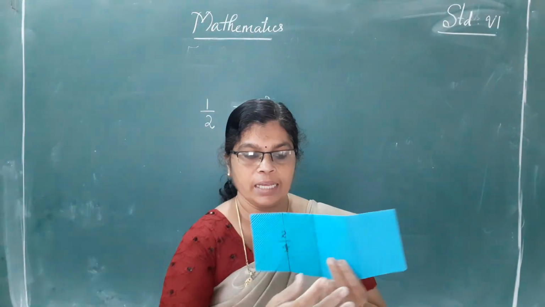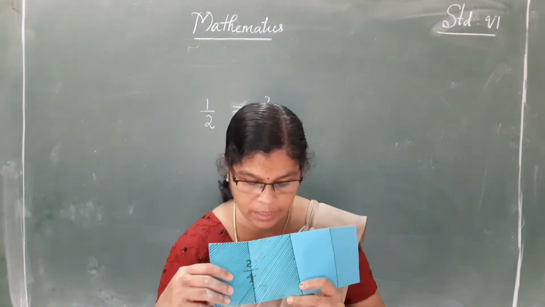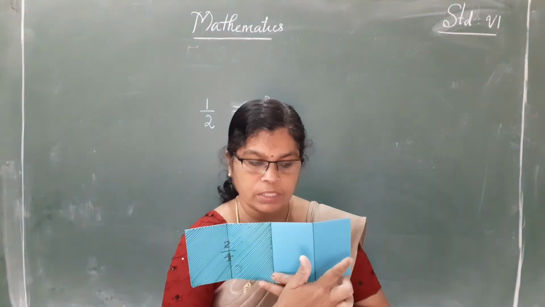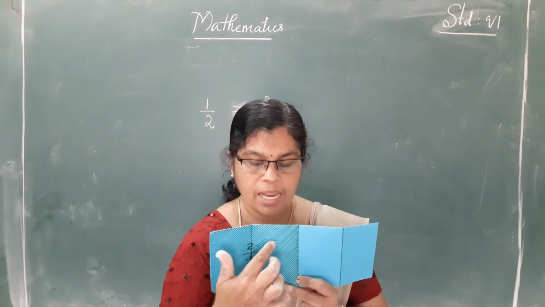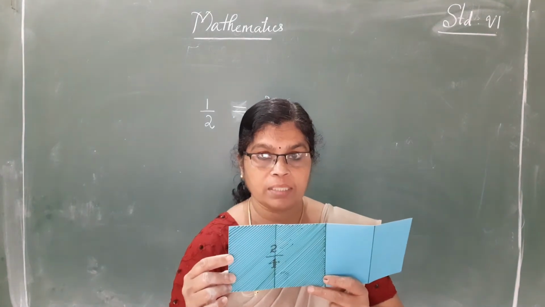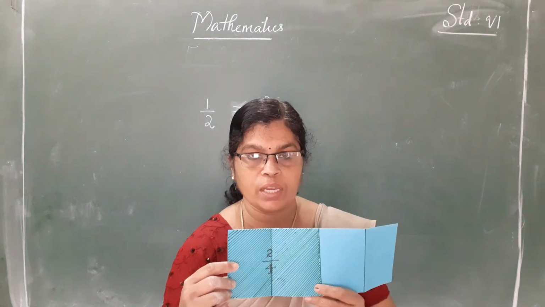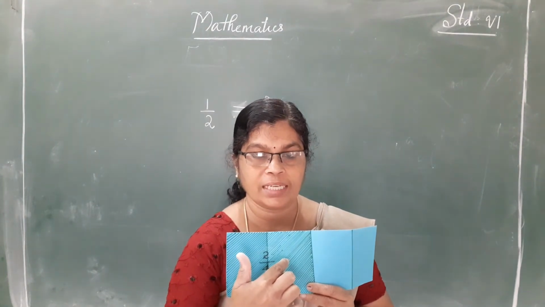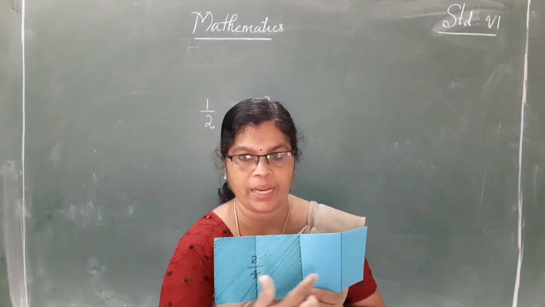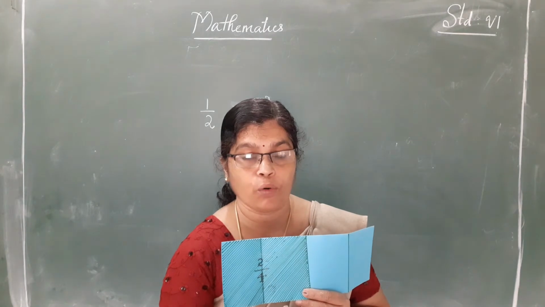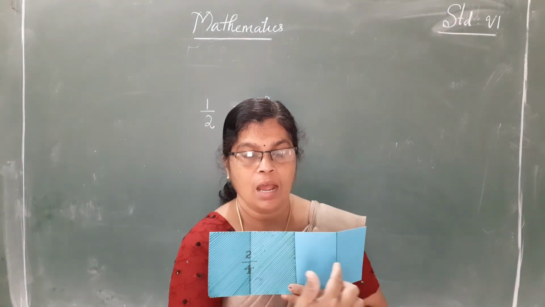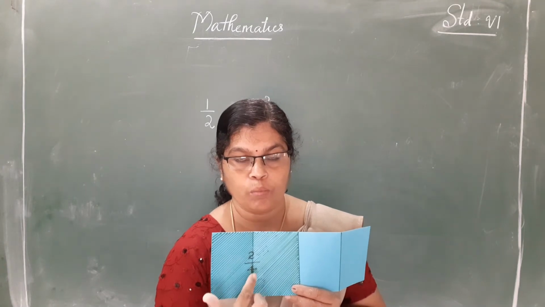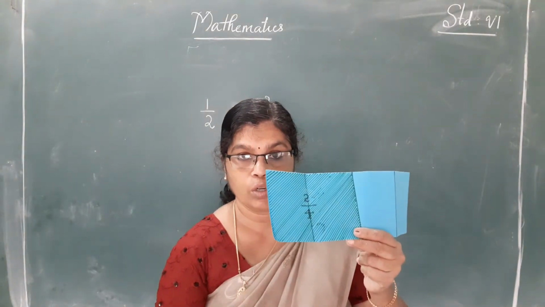See children, out of these 4 equal parts I have shaded 2 parts. 1, 2, 3, 4. There are 4 equal parts, right? So how much of this paper have I shaded? 2 by 4. Total 4 parts are there. Out of 4, I have shaded 2, and that is called 2 by 4.